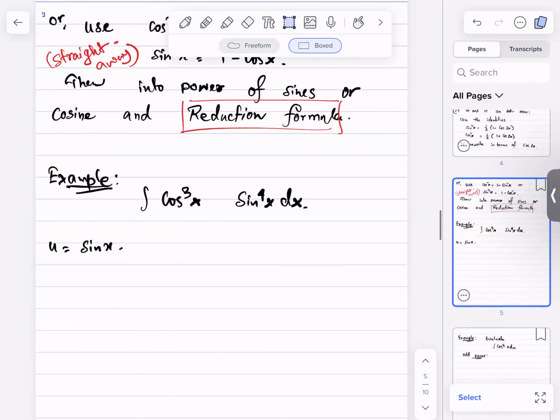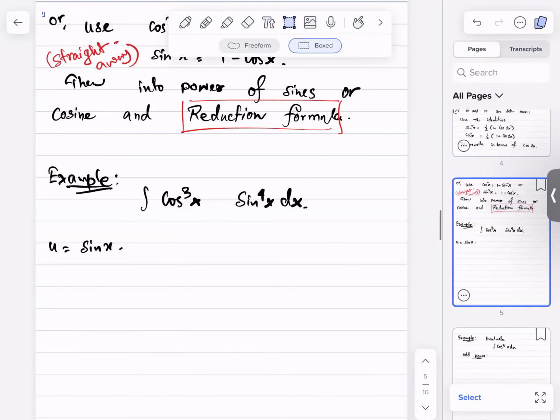Okay. So if I have something like integration sine x and then cosine to the 3x dx like this. So here my n is 3, which is odd. So therefore I can use this strategy.